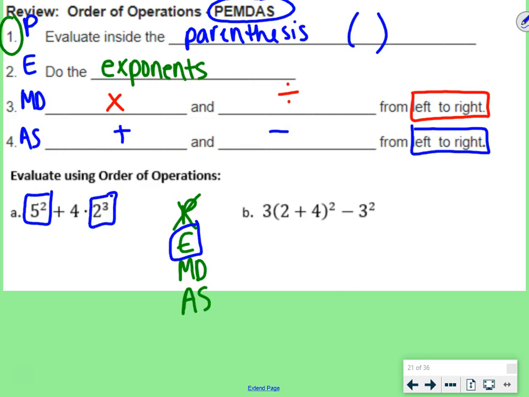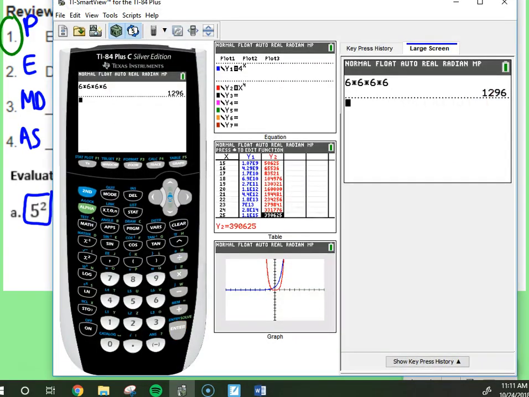So we need to evaluate those. Now, if we struggle with exponents, we can always check with our calculator. So we have 5 to the second power is 5 times 5. So we have 5 times 5 equals 25.